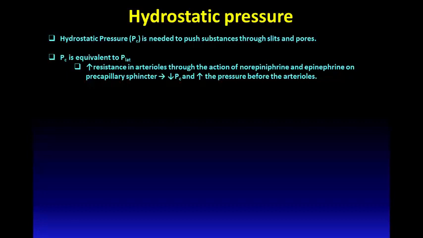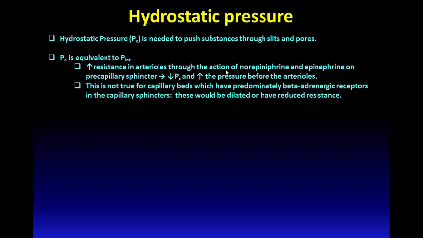An increase in the resistance in the arterioles through the action of the catecholamines norepinephrine and epinephrine on alpha-1 adrenergic receptors in the smooth muscle cells of the precapillary sphincter would lower the capillary hydrostatic pressure, because now less blood would flow through the capillaries and would increase the pressure of the blood before the arterioles.